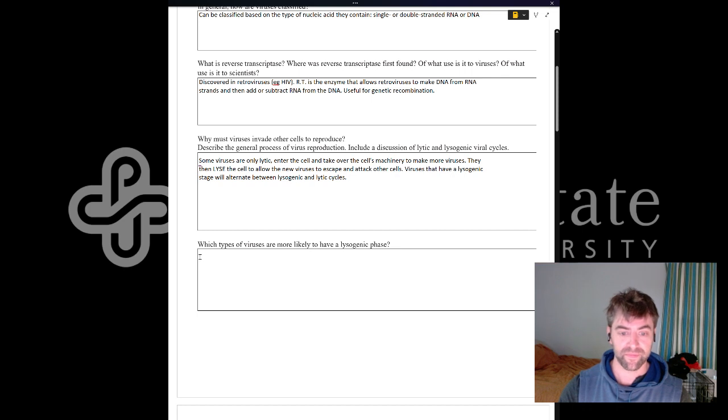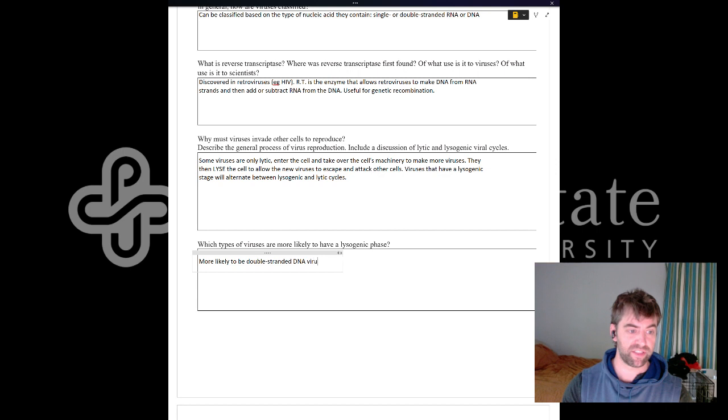Which type of viruses are more likely to have a lysogenic phase? These are more likely to be double-stranded DNA viruses specifically, and retroviruses.